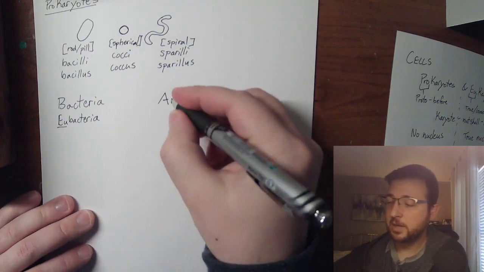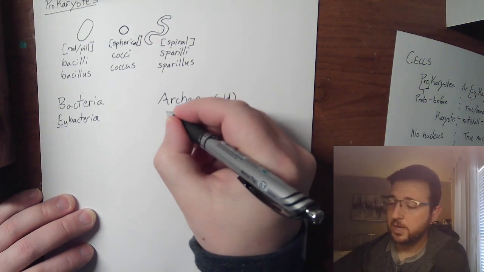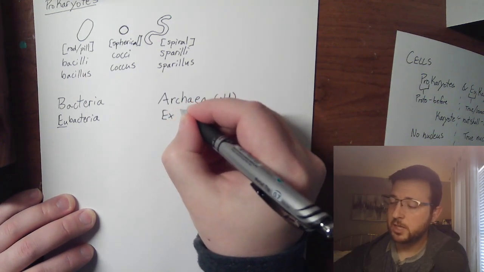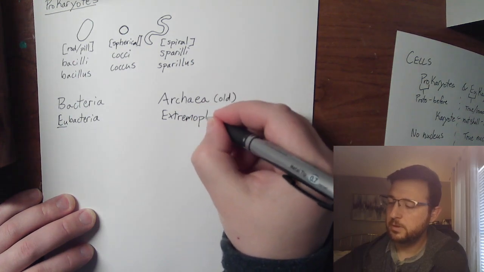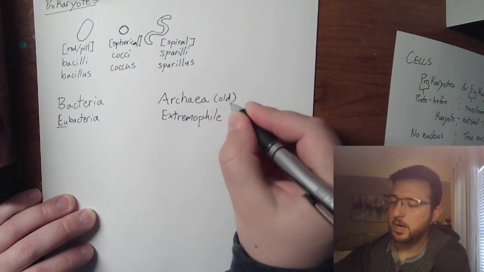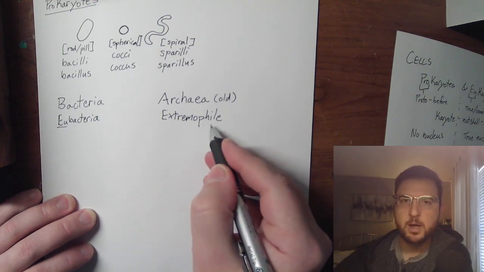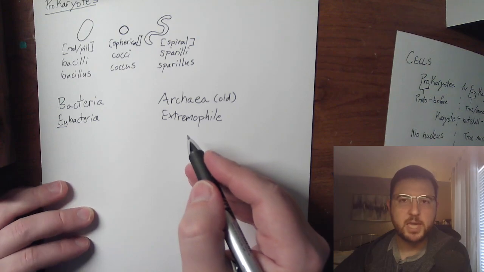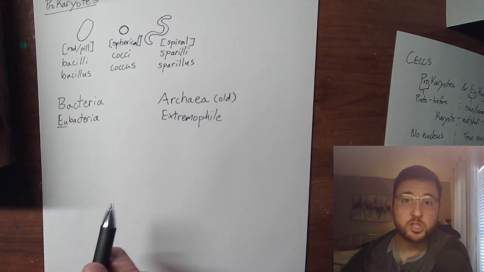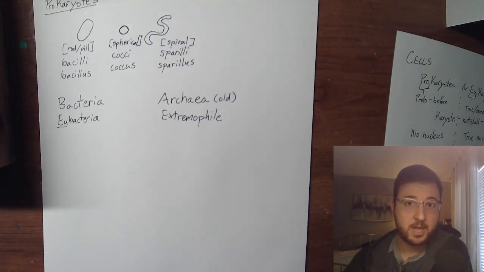Now, another thing that archaea have is that they're sometimes called extremophiles. They're called extremophiles because they live in really harsh conditions. They can live in very salty areas like the Dead Sea. It's not actually dead. There's archaea that live there.